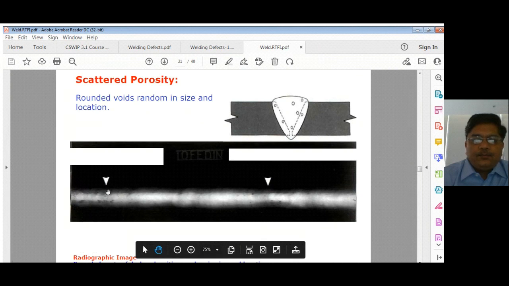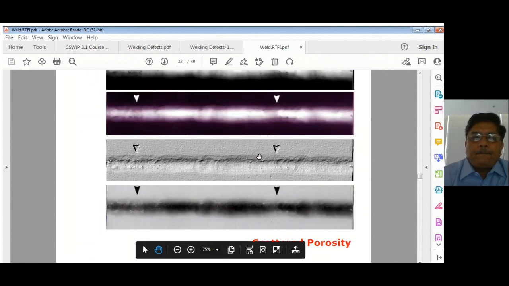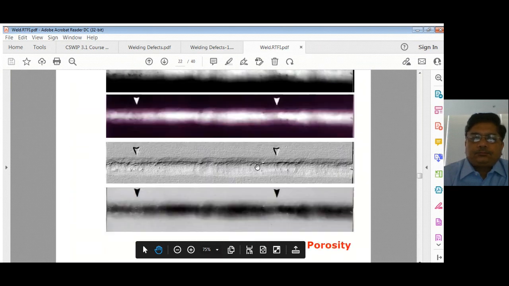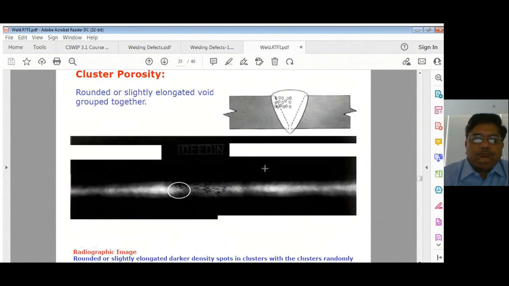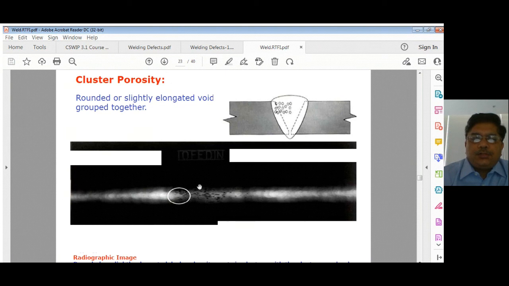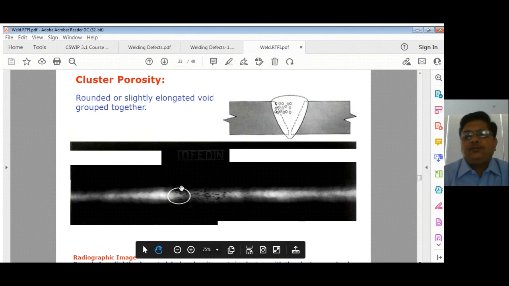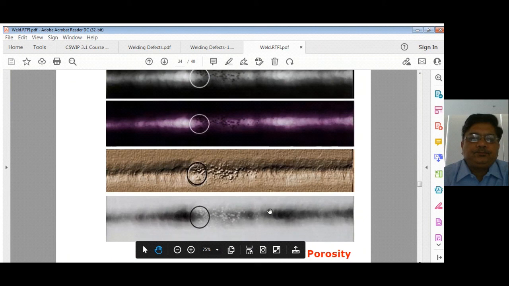You can see how this porosity is scattered all around the place. And cluster porosity, you can see like that. It will be in one spot and it will be a lot of black spots rounded in type. It will be like this.